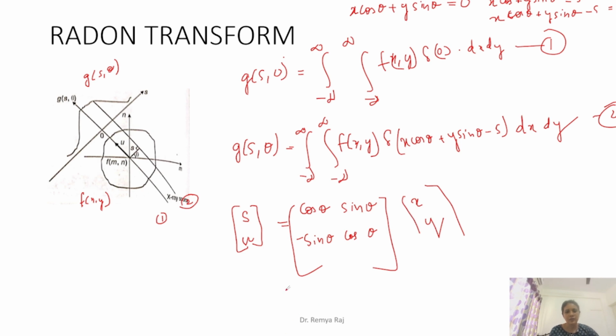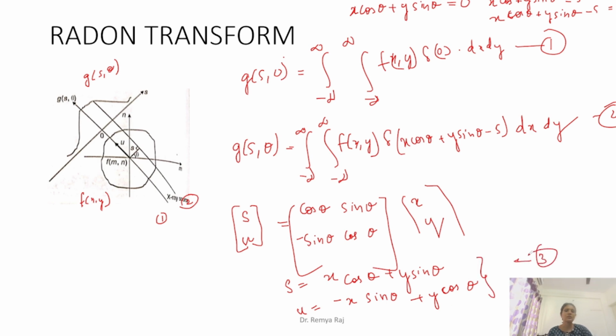So from this, what is s? s is equal to x cos theta plus y sin theta, right? And what is u? u is equal to minus x sin theta plus y cos theta. I am putting this as equation number 3. Now we are getting the equation for s and u.